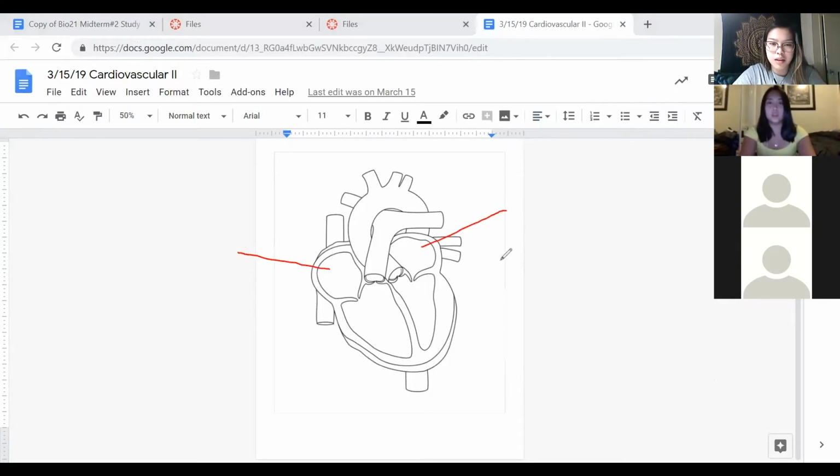The top ones are the atriums, and the bottom ones are the ventricles. The atriums are the ones receiving the blood, and the ventricles are the ones pushing the blood away.